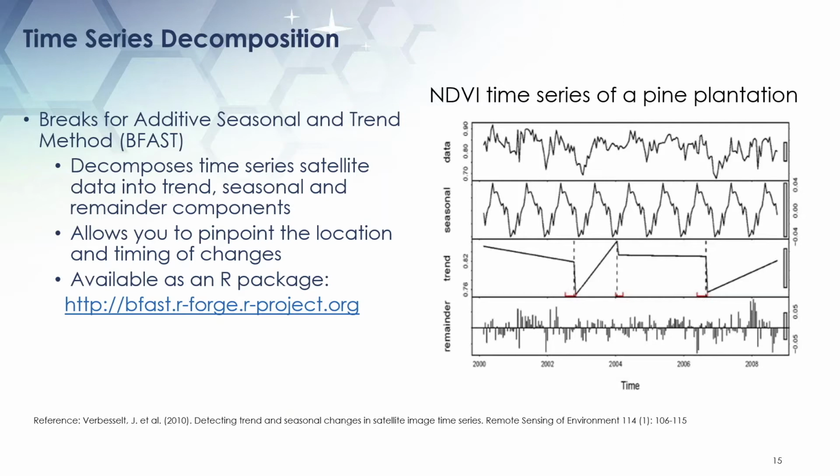So with these types of methods, you could identify the effect of the seasonal trends as well as El Nino on vegetation over long periods of time. One of these examples is called the Breaks for Additive Seasonal or Trend method, BFAST, and it can be used in something like an R package.